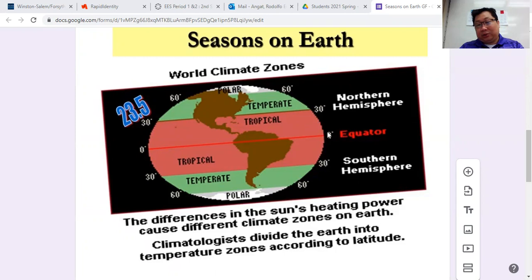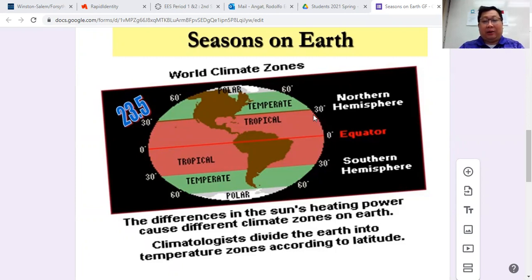Places closest to the equator receive more sunlight because sunlight hits Earth in this region in a very direct way, at a straight angle. Sunlight is more focused in the regions closer to the equator.